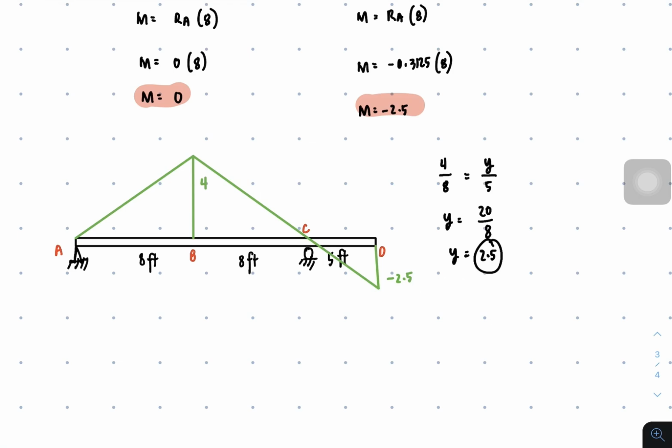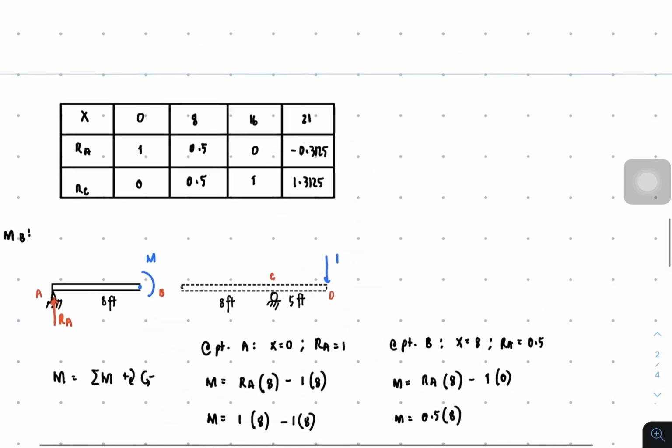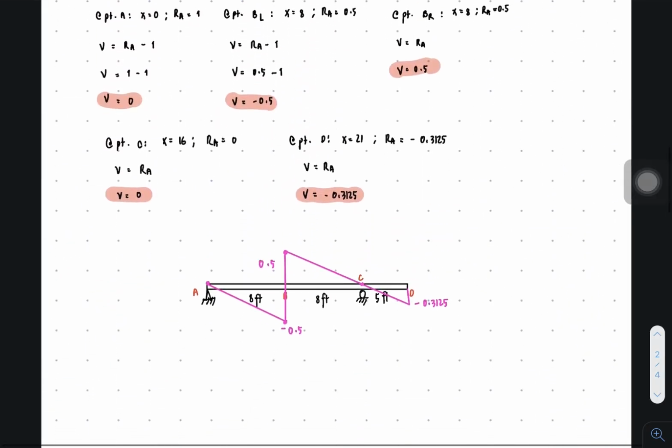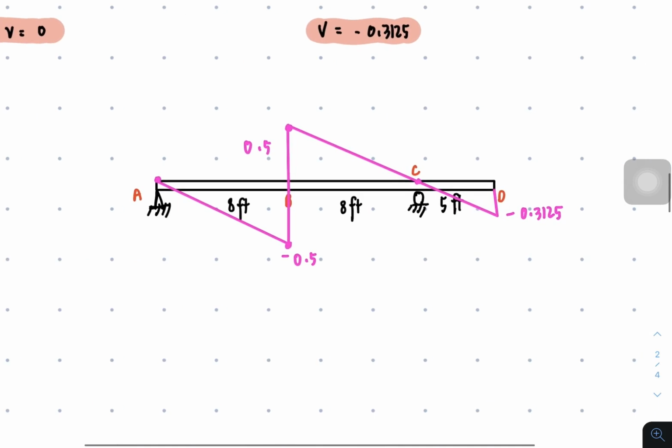The same way applies with other figures, like for example, if you're not sure about your answer of negative 0.3125, you just have to check whether you got it right. Like ratio and proportion, using this 0.5 over 8, which is equal to, for example, y over this one, since it's actually just forming a triangle.